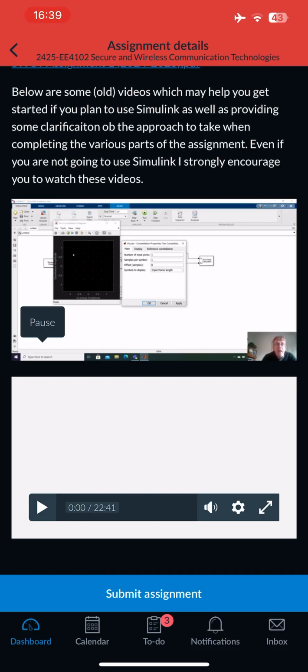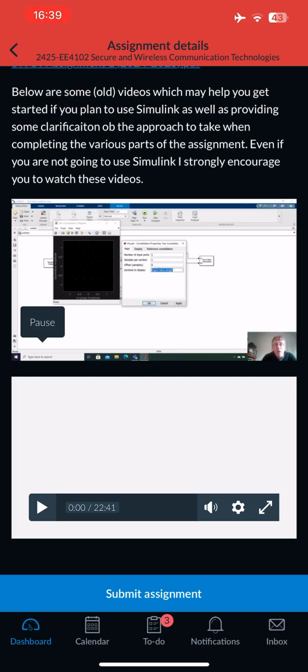At the end of the process, I'd like to have a visualization of the actual transmitted signals on the transmitter constellation diagram and the equivalent receiver constellation diagram.